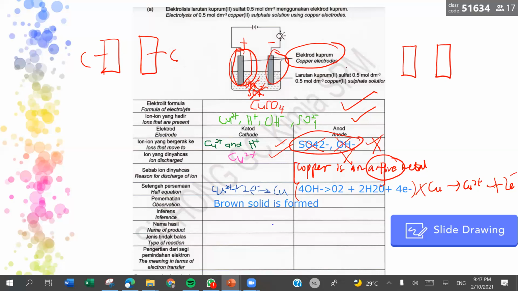But whenever you see copper or silver, you are never going to take any of the anions at all, because your silver or your copper is a very active electrode.